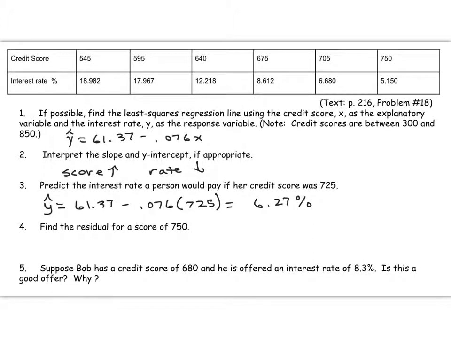So next, let's find the residual for a score of 750. Since we do have 750, we can calculate the residual.